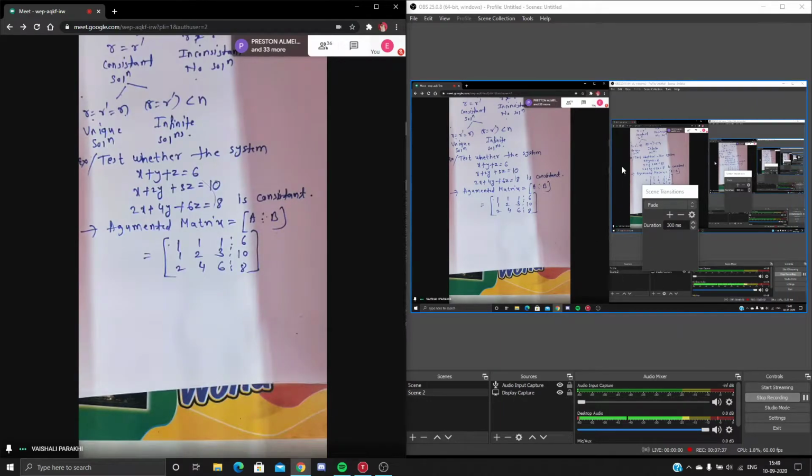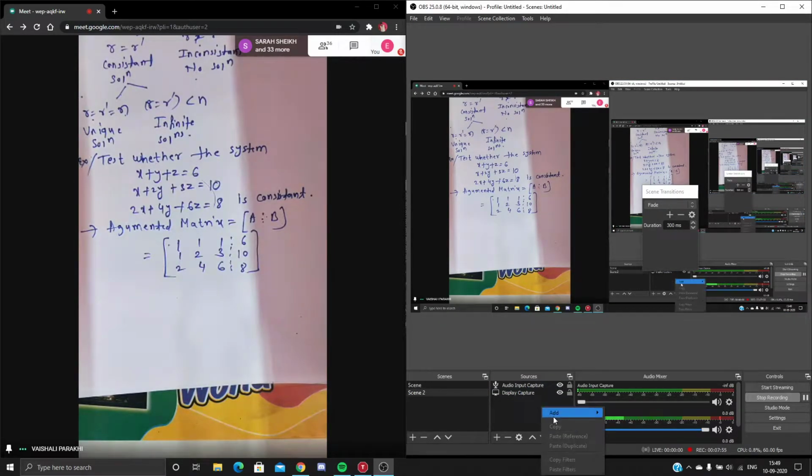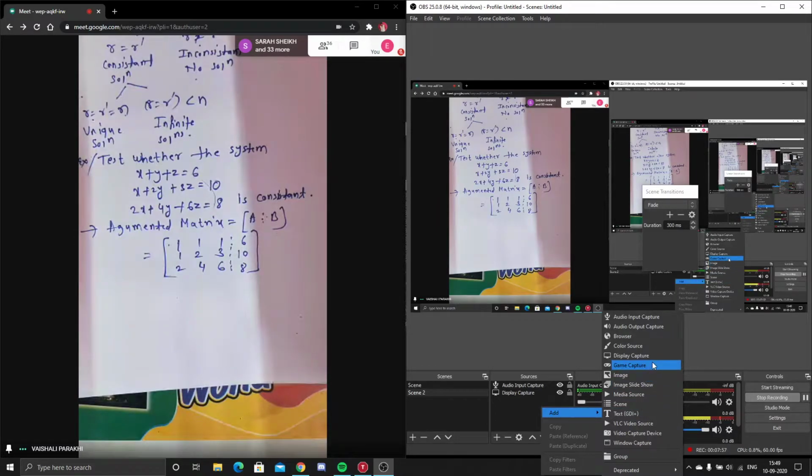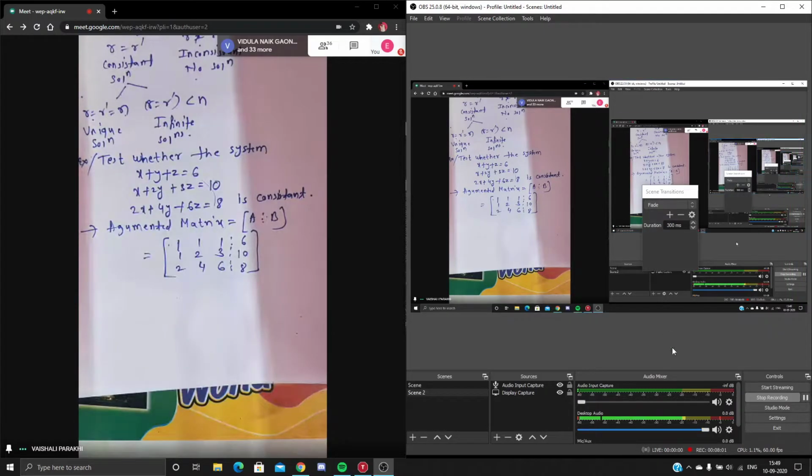Preksha, can you tell? What is the main condition to convert the matrix to echelon form? Hello, ma'am. Yes, tell. The first element has to be 0 and only row transformation can be used.